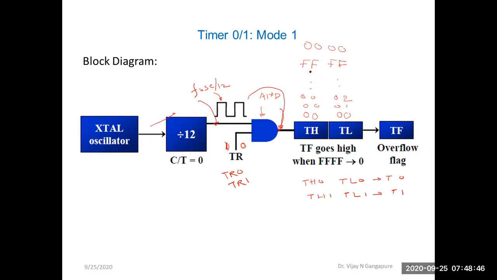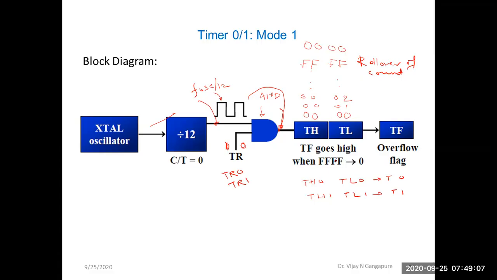Because if you add 1 to the count F F F F, it becomes 0 0 0 0. This is called rollover of count in timer registers.